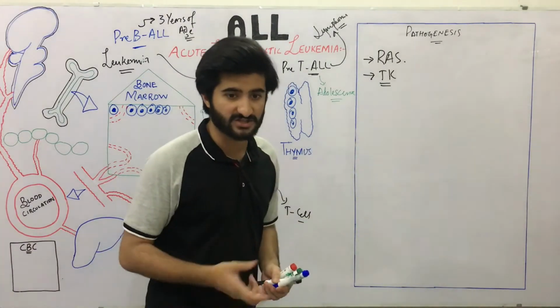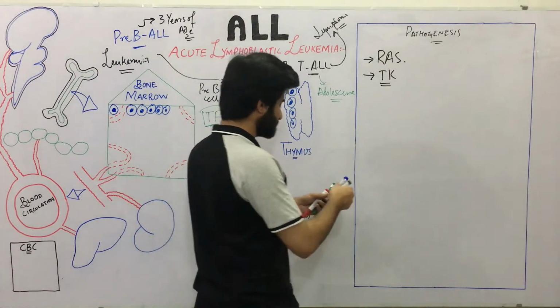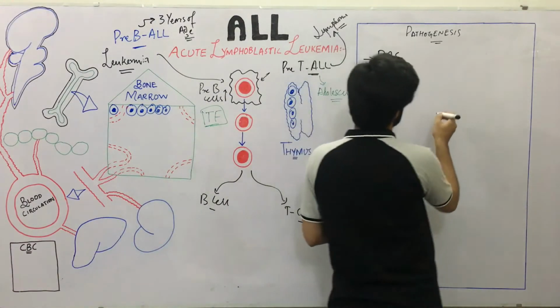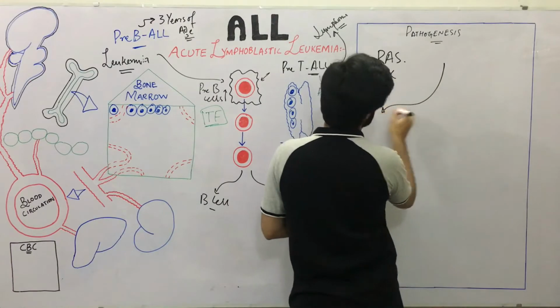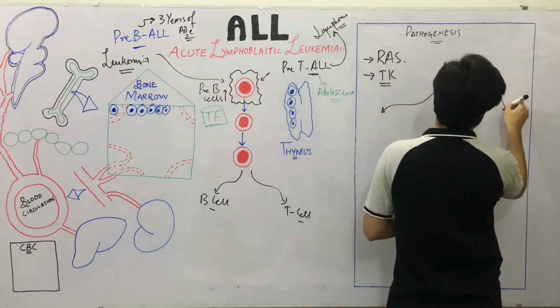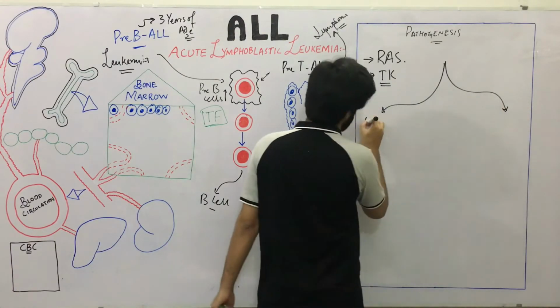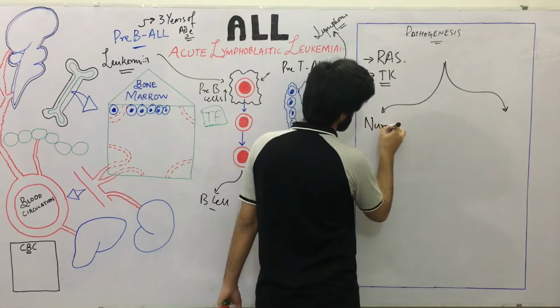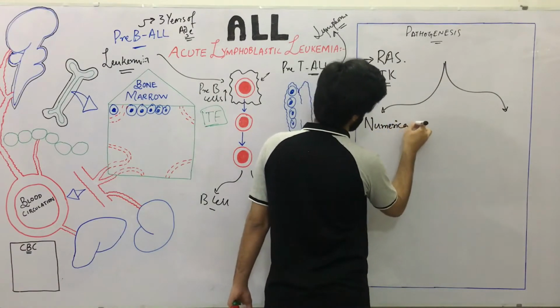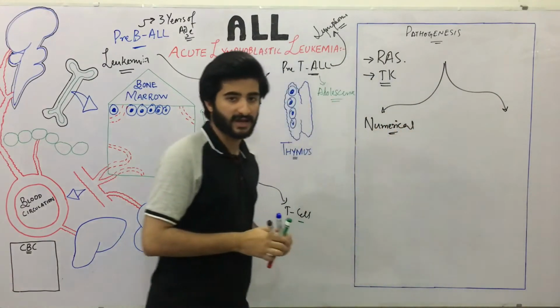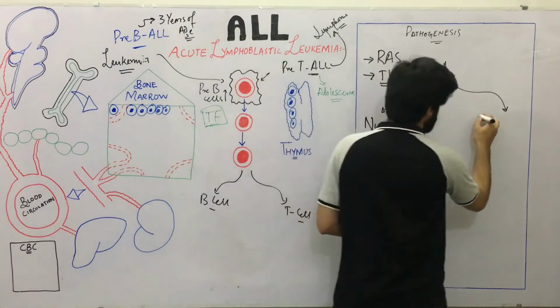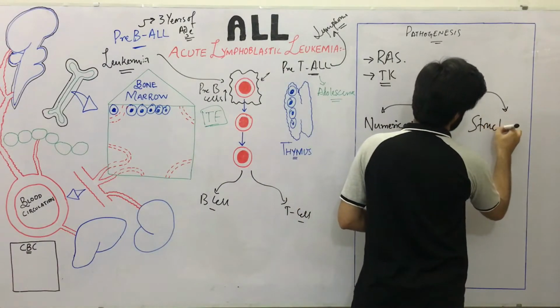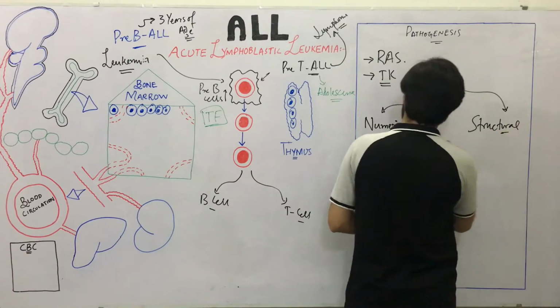So how do these mutations occur? There are two types of mechanisms for these mutations. Either we will have numerical mutations, or we will have structural mutations.